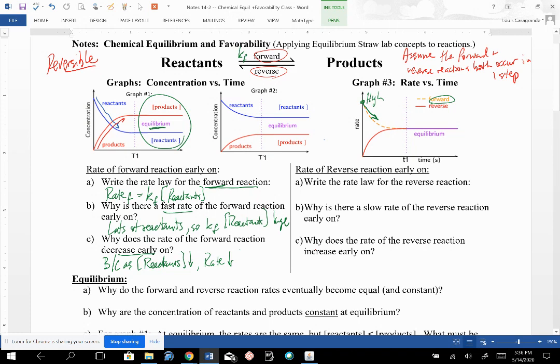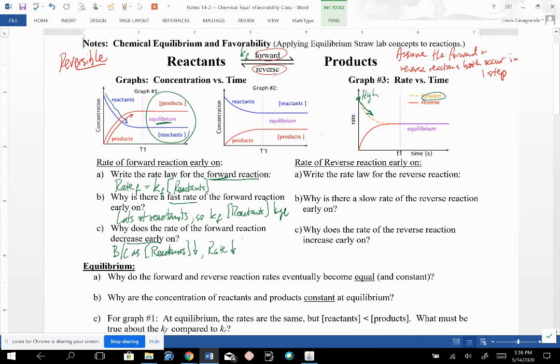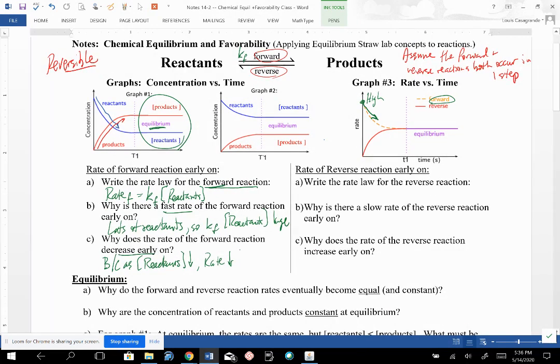Now, switching over to the reverse reaction. So now we've got to worry about what's going on backwards, because now those products can go back and reform reactants. So the rate of the reverse reaction is going to mirror what's going on in the forward reaction. It's a reverse reaction, so the rate sub R for the reverse reaction is equal to the K sub R. Let's write that up there.